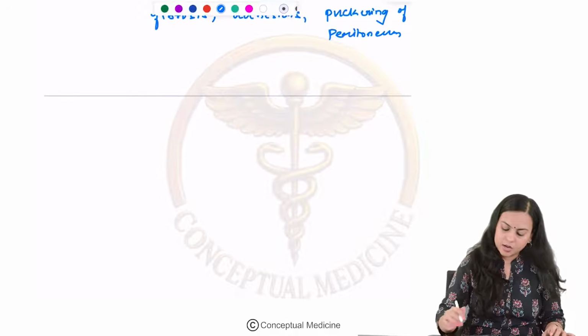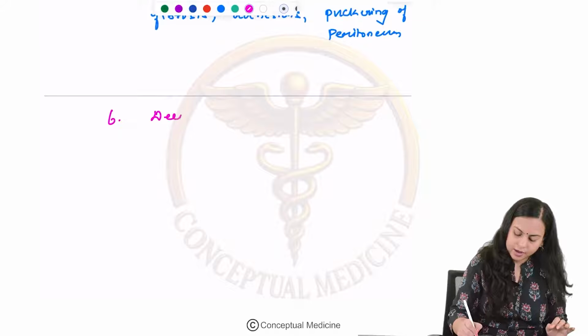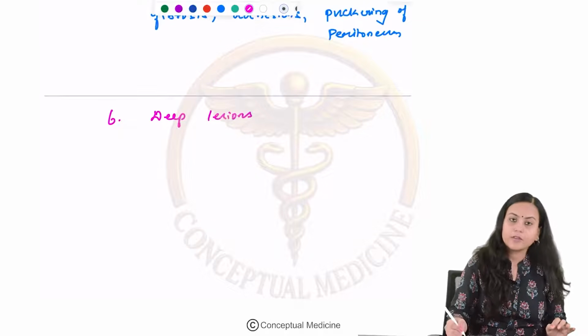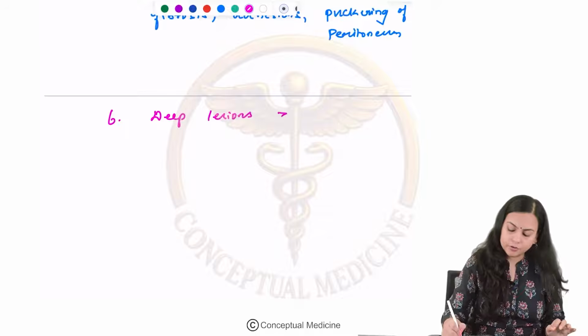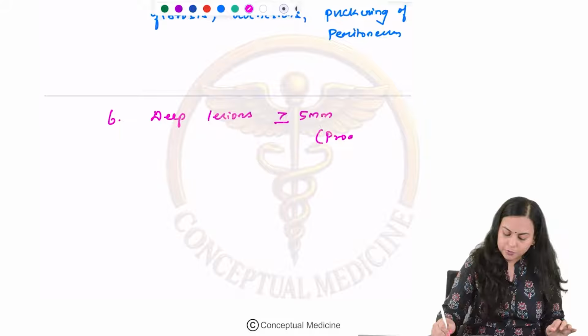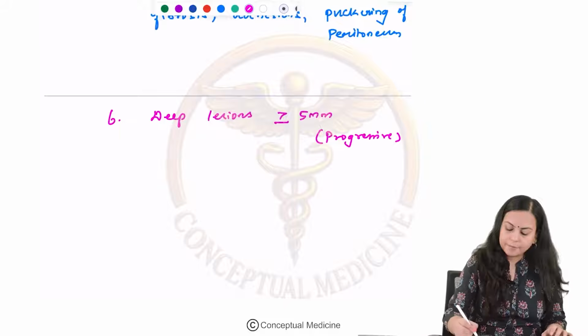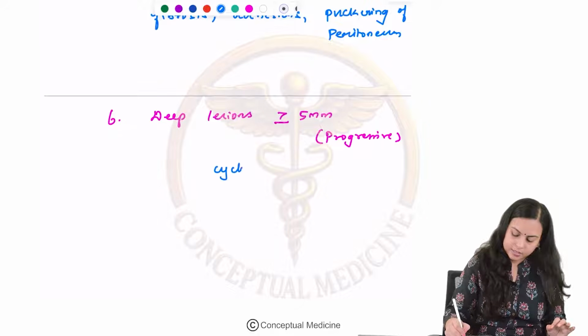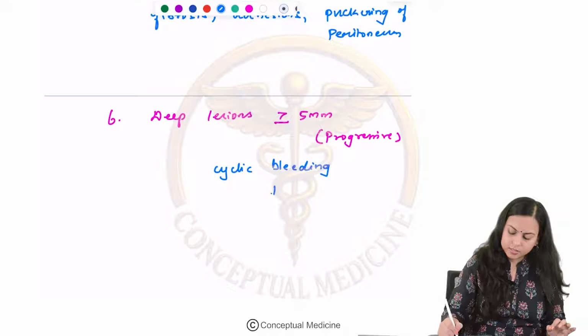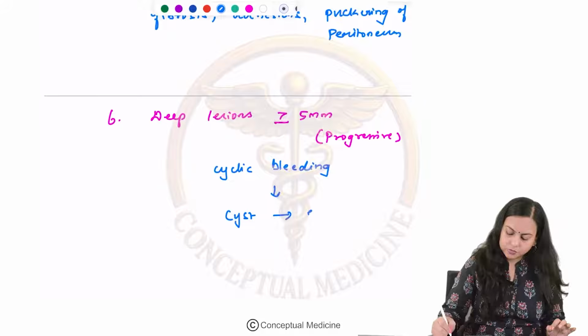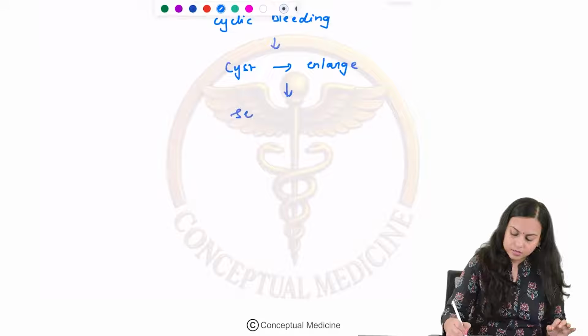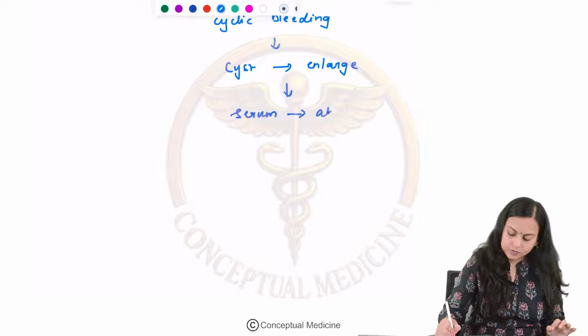Okay. And the next point is, if you have deeper lesions of endometriosis which are more than or equal to 5 millimeter and they are progressive, what happens? If there is cyclic bleeding, the cyst is going to enlarge. At the same time, the serum will be absorbed.